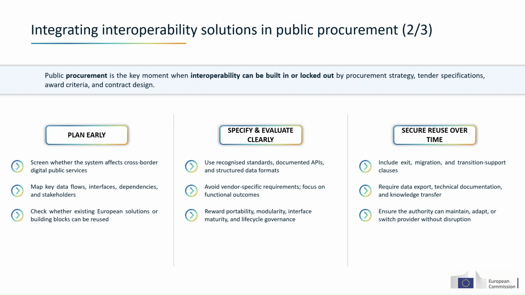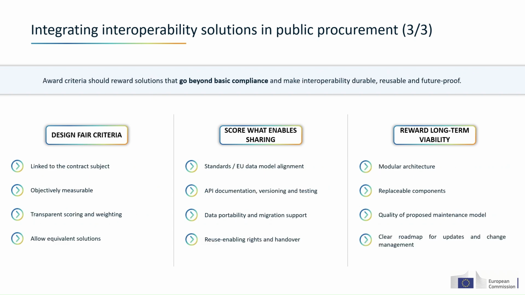The takeaway of the slide is that procurement can either build interoperability in or lock it out. Once the contract is signed and the system is implemented, weaknesses in portability, documentation, or rights become much harder and more expensive to fix. Keep that in mind.